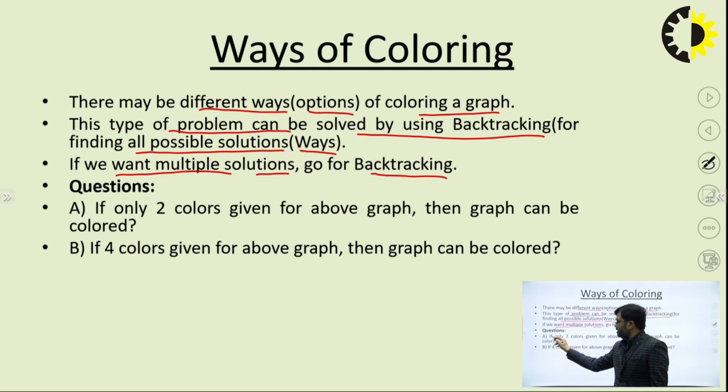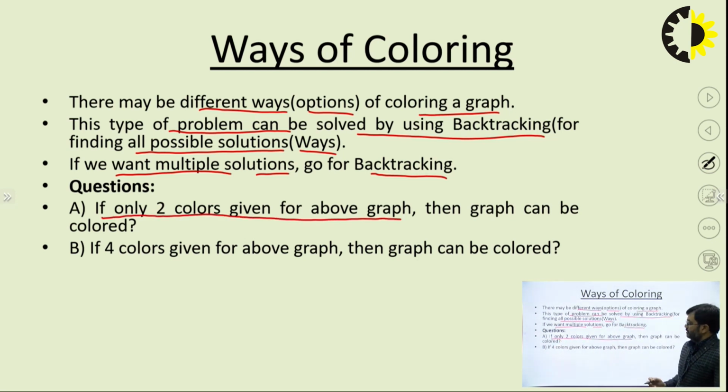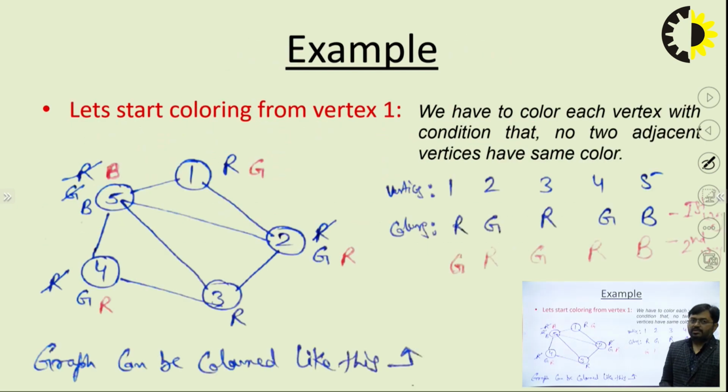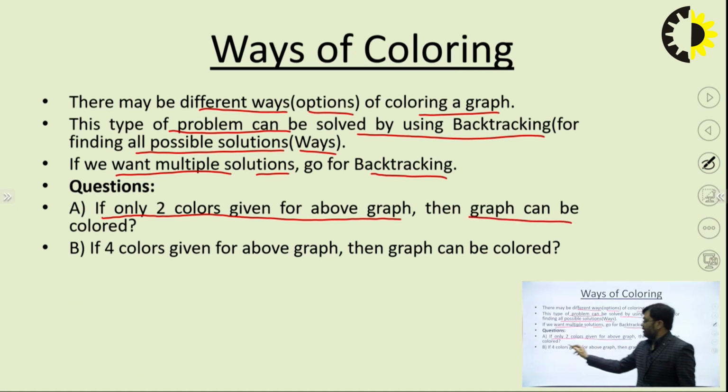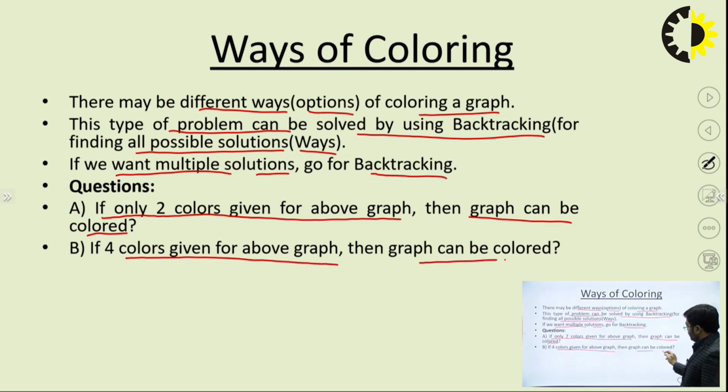Now the questions arise: if only two colors are given for the above graph, can the graph be colored or not? Second question is, if four colors are given for the above graph, can the graph be colored or not?